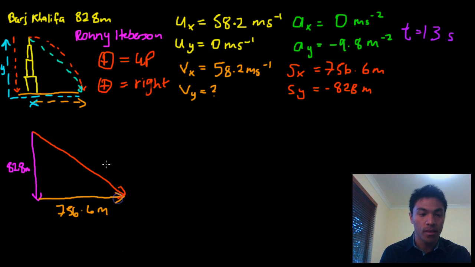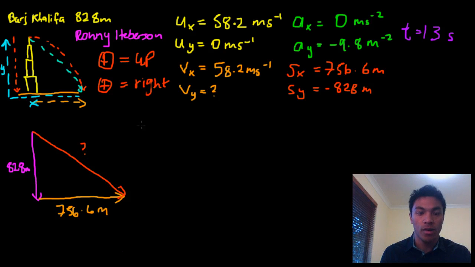Remember, when you're adding or subtracting two vectors, we call these the components. This would be the vertical component, and this would be the horizontal component. And the component that you end up with when you add those two, we call the resultant. So the resultant, we don't know what it is.